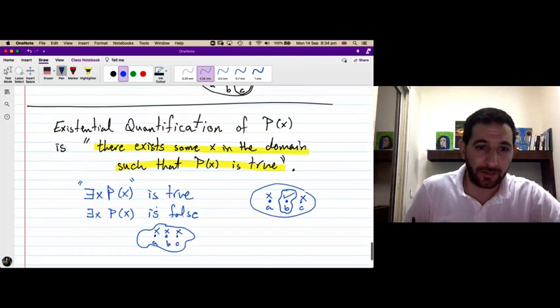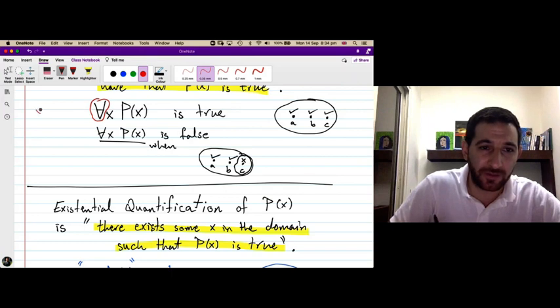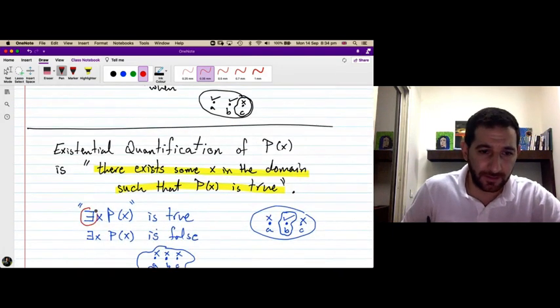Now let me just say one thing, that this symbol is called the universal quantifier. And the other symbol, the inverted E, is called the existential quantifier.